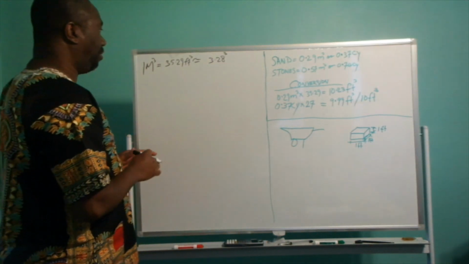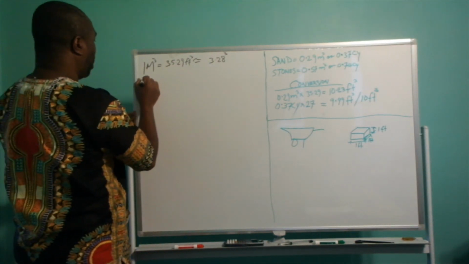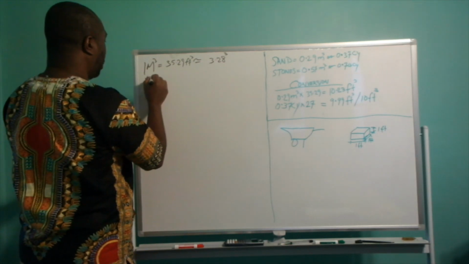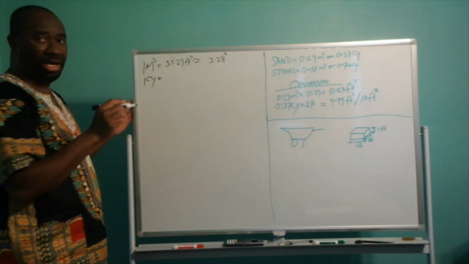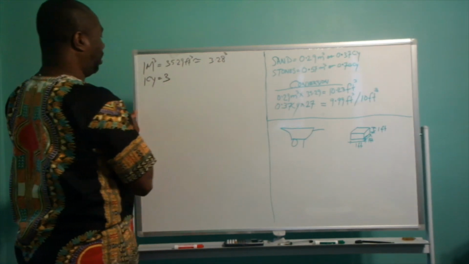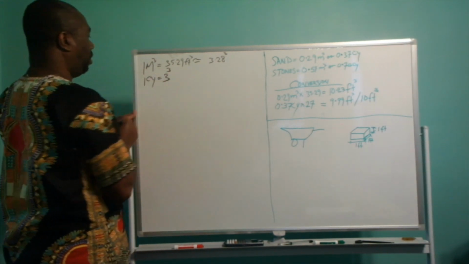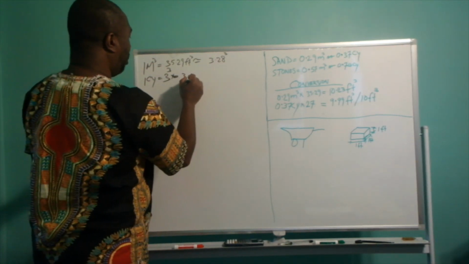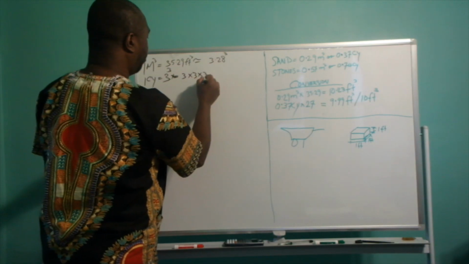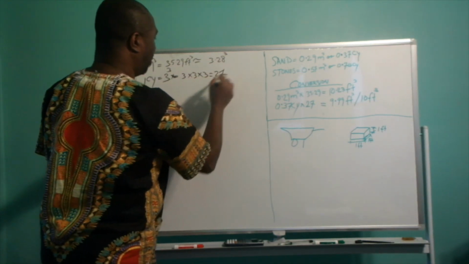The same thing for your cubic yard. 1 cubic yard is equivalent to 3 feet cube, and this is 3 times 3 times 3, which is 27.